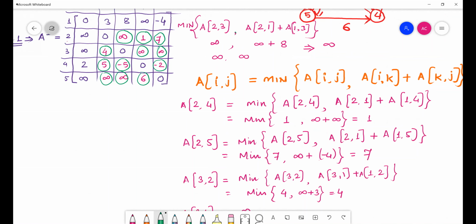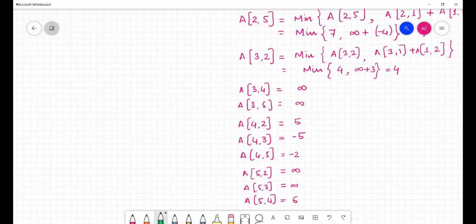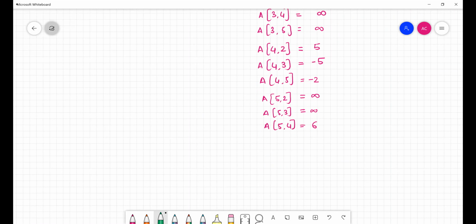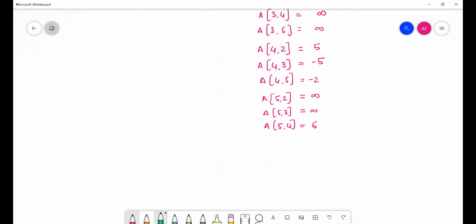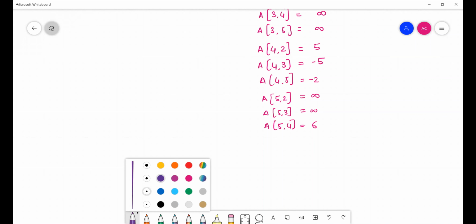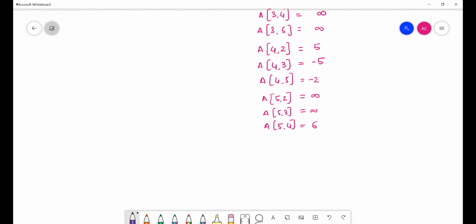Okay. Now using this A1 matrix, calculate for node 2. So we take the A1 matrix as input, and using it we will calculate A2, that means via node 2.